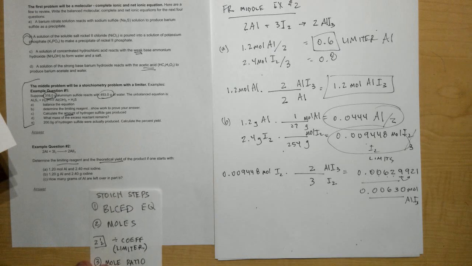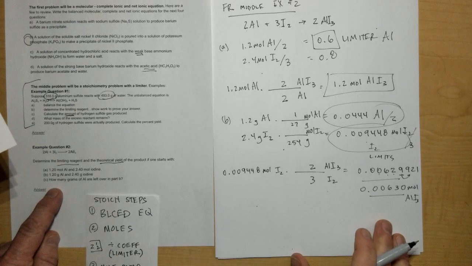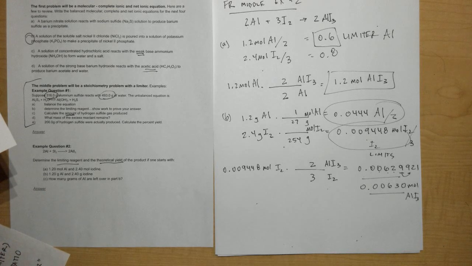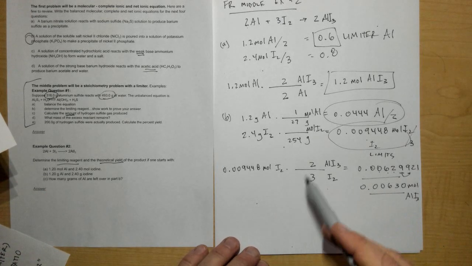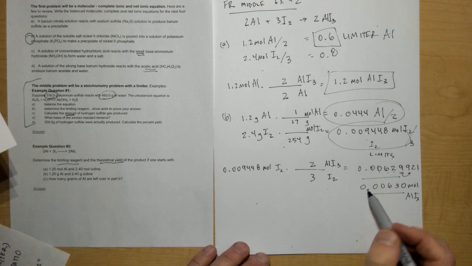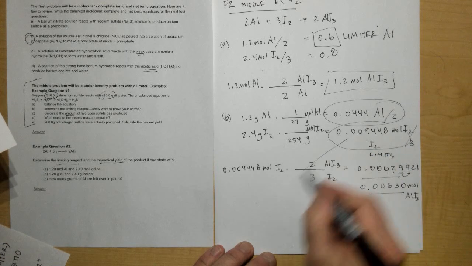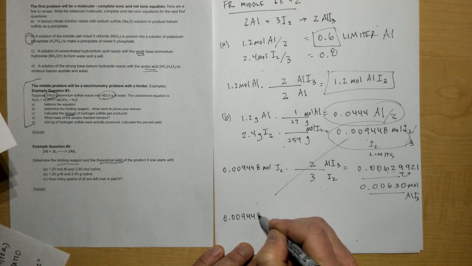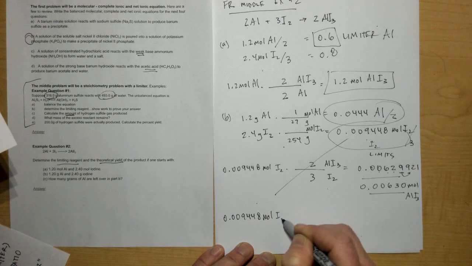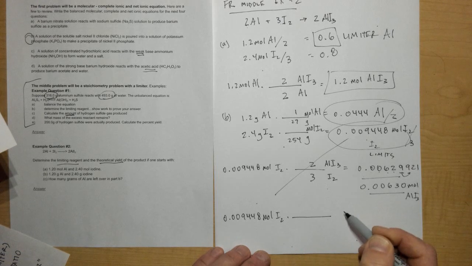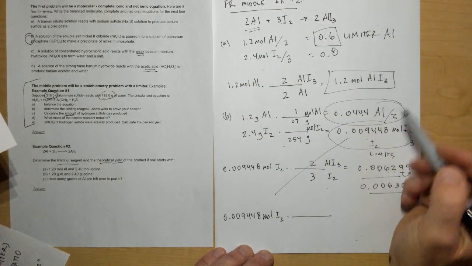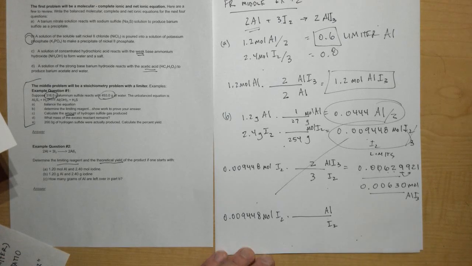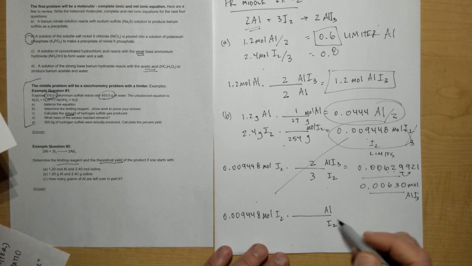The last question in example number 2 is, how many grams of aluminum are left over in part B? So this is just like I did in the very first example problem. To find the leftover, I take my limiter, 0.009448 moles of iodine. And now I compare that to my excess reagent, which in this case is aluminum, to find out how much aluminum I'm actually going to need.